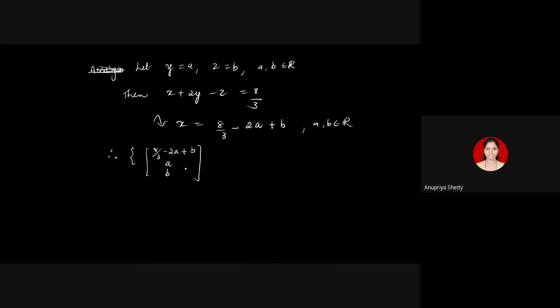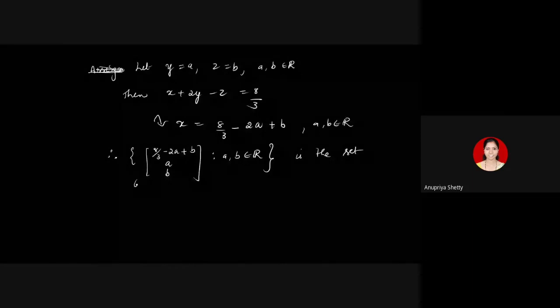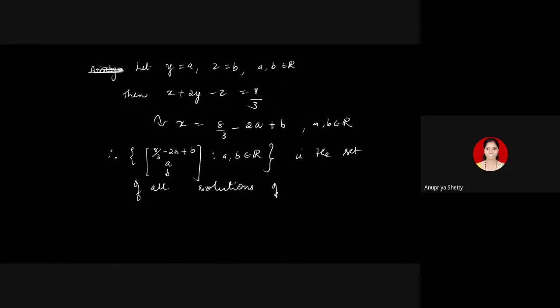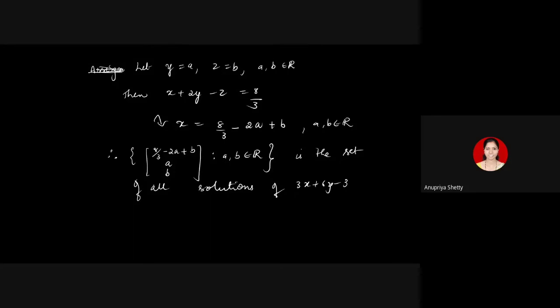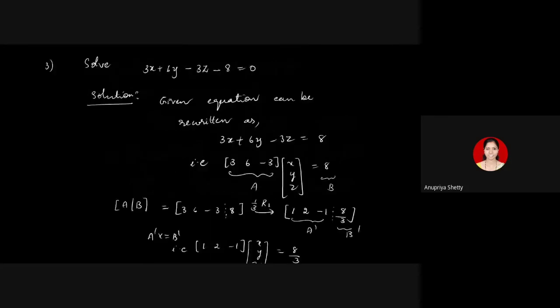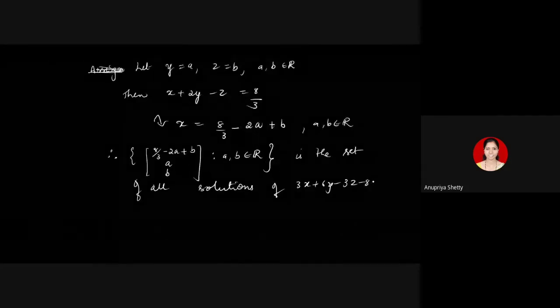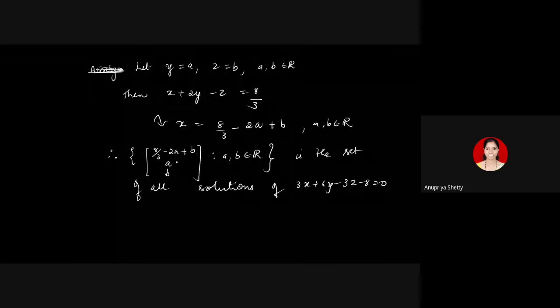So x, y, z is the column where a and b are arbitrary real numbers, and this is the set of all solutions of that equation. What is that equation? 3x plus 6y minus 3z minus 8 is equal to 0. All solutions: x is in terms of a and b, y is a, z is b.